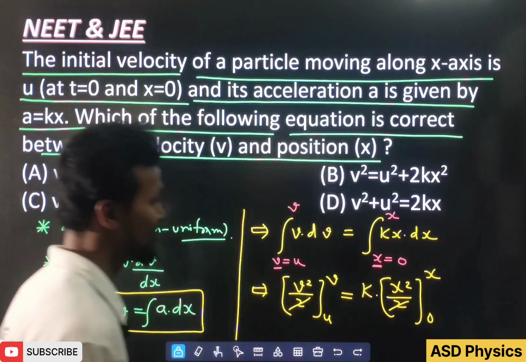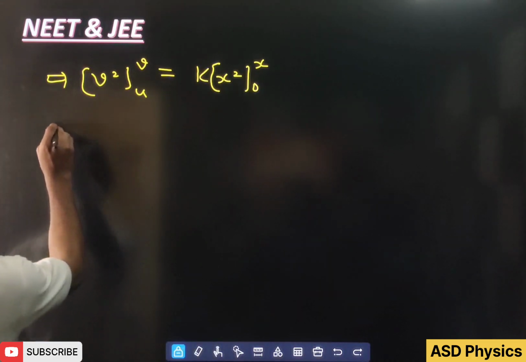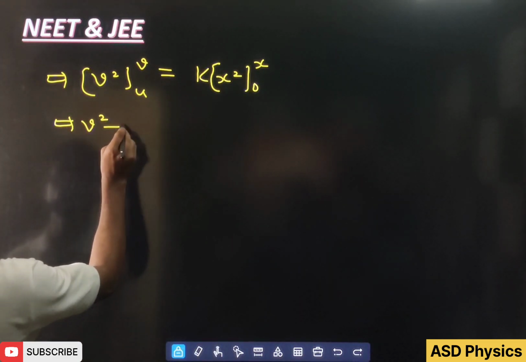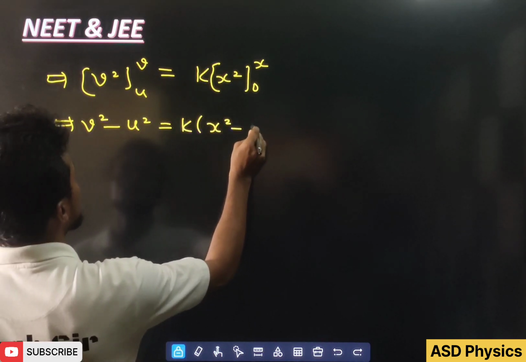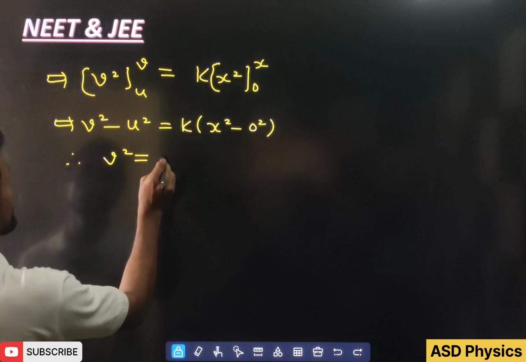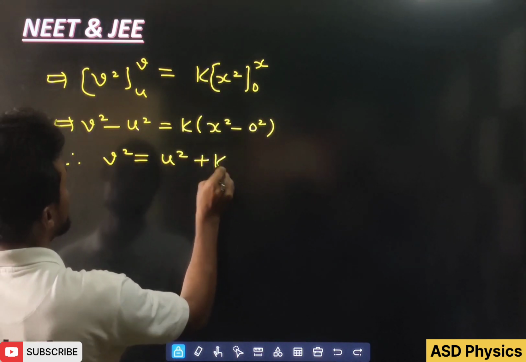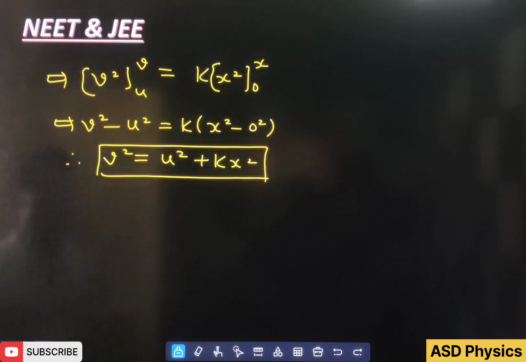No mistake should happen here. Both sides cancel the 2. So upper limit minus lower limit: v square minus u square is equal to kx square minus 0 square. When you simplify this, v square is equal to u square plus kx square.